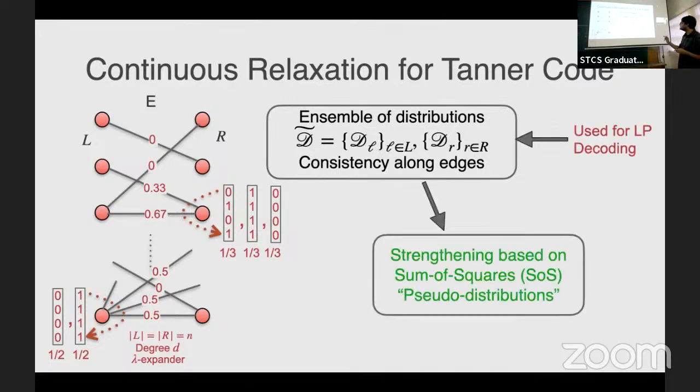What we use is a strengthening of this relaxation based on SOS. I'll mention the exact strengthening based on what breaks down when we try to do the proof. We'll see exactly why we need a strengthening. And this entire thing, I'll call a pseudocodeword.